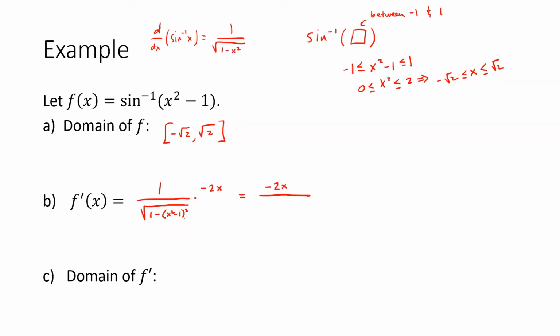And then downstairs we can look at the square root of 1 minus x squared minus 1 squared. Maybe that could be simplified a tiny bit. Let's see, I could write that as 1 minus, when I expand this out, it'll be x to the 4th minus 2x squared plus 1.